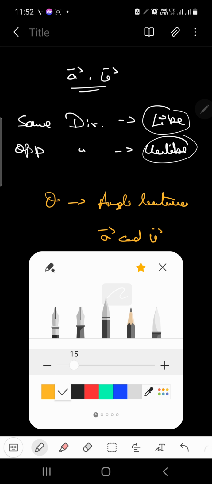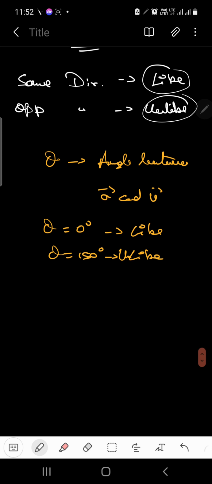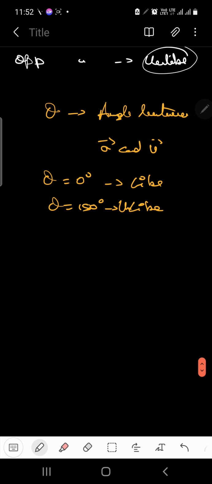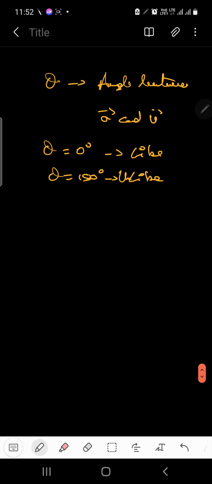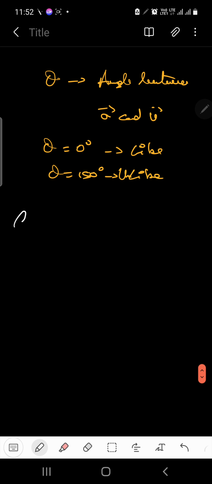Next we have covectors. There are three types of covectors: collinear, coinitial and coplanar vectors. What are collinear vectors? Basically, if two or more vectors act along the same line or along parallel lines, then the vectors are called collinear.